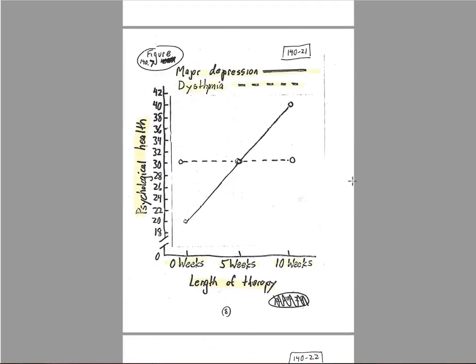Let's go back and make sure what I just said makes sense. Graphing results from two-way Anova. I use points on the x-axis to represent the different levels of factor A. Factor A was length of therapy. This is a point, this is a point, this is a point on the x-axis. Use points on the x-axis to represent levels of factor A. To represent levels of factor B, I use different lines within the body of the figure.